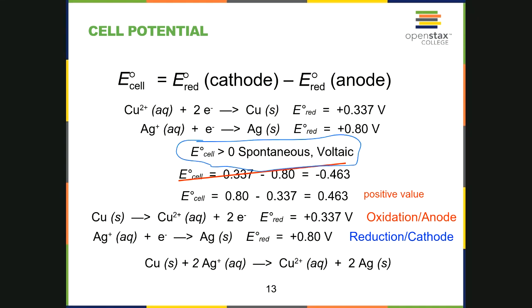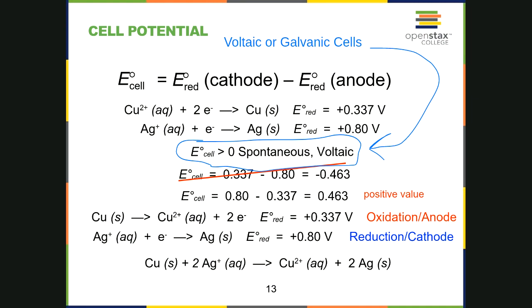So this is for voltaic, or they also call it galvanic cells. So this is all for that kind of situation. So voltaic or galvanic, you get a positive value.